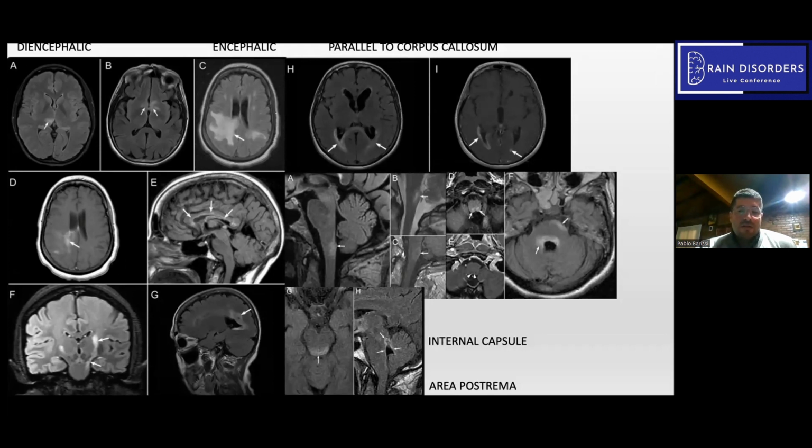We see here the internal capsule affected and the area postrema also affected, like we see in A, right, and also in B, C, D, E, F, all of the right pictures. Next, please.